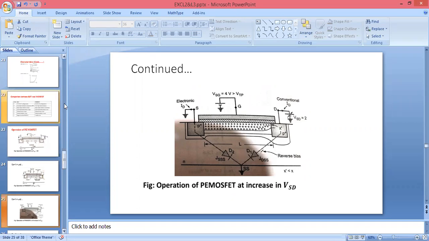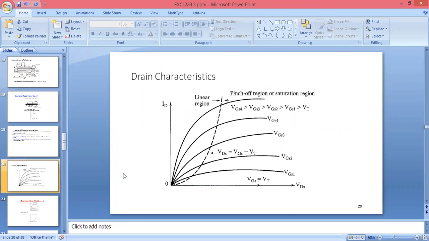ये जो ग्राफ था ये सेम एज इट इज तुमको मिलेगा, बट दिस विल बी फॉर निगेटिव. मतलब ये जो मैंने फर्स्ट क्वाड्रेंट में आया है ये यहाँ पे मेरा थर्ड क्वाड्रेंट में आएगा. Instead, you guys can take here, instead of VDS, you can write here VSD and you will get the same diagram. एक तो तुम क्या कर सकते हो, यहाँ पे VDS को VSD लिख सकते हो.